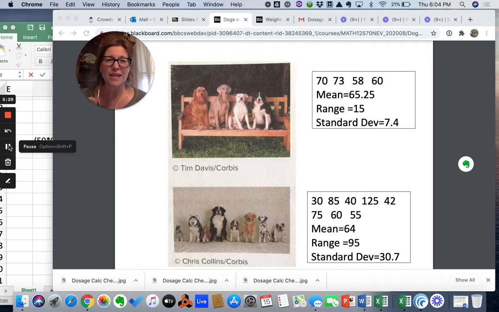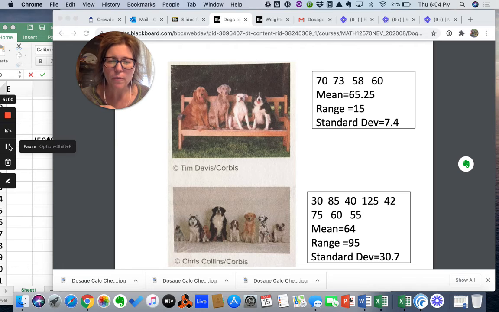Additionally, I am not going to make you learn how to do sample standard deviation by hand. I think one of the videos you're watching actually does that, but I'm not going to make you memorize that. In fact, if you wanted to, you could go through your book and find it by hand. It starts on page 367 and goes all the way through 369.